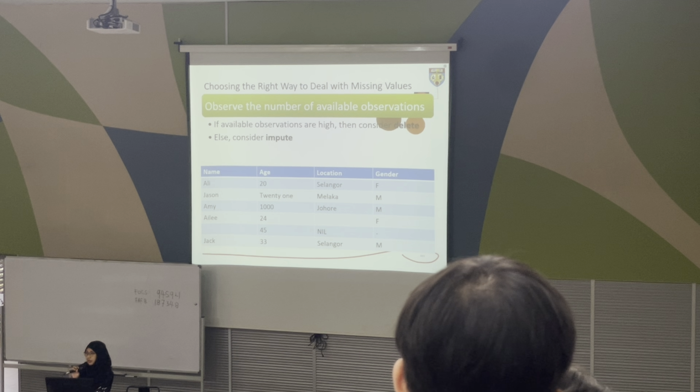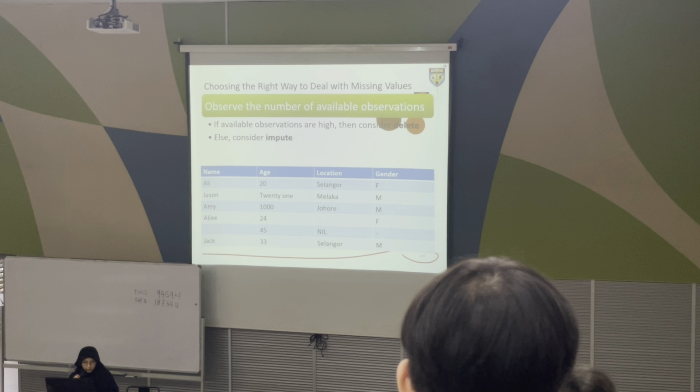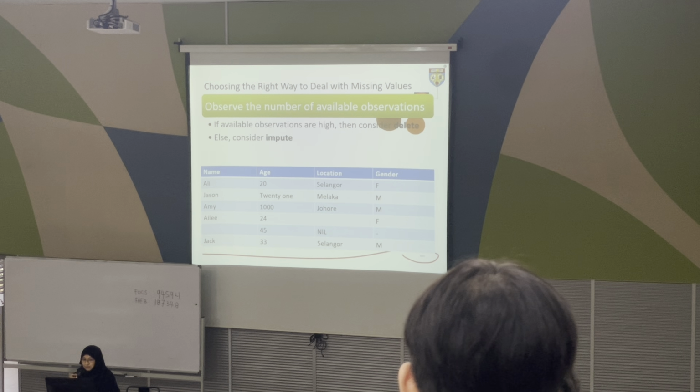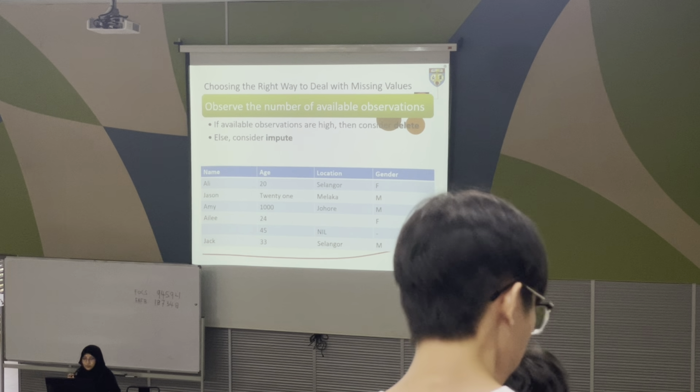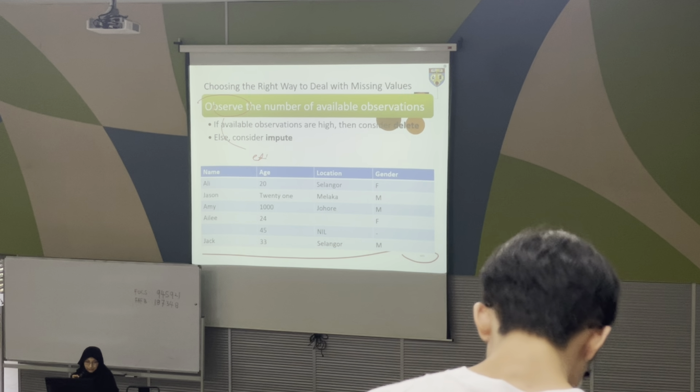For example, you can interview the researcher, or the doctors that have dealt with this kind of data set. Based on their observation, you find out that all the records are important. If it is important, based on their knowledge, then you need to keep it. Otherwise, you can delete it. So basically, observation is based on the expert.